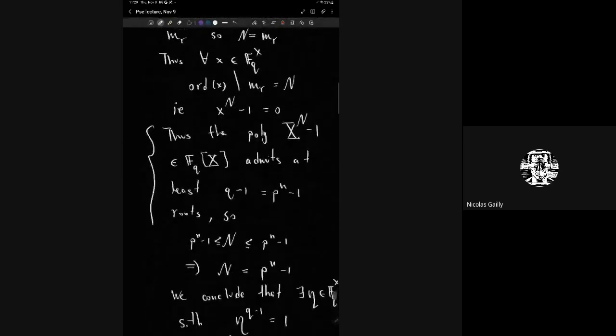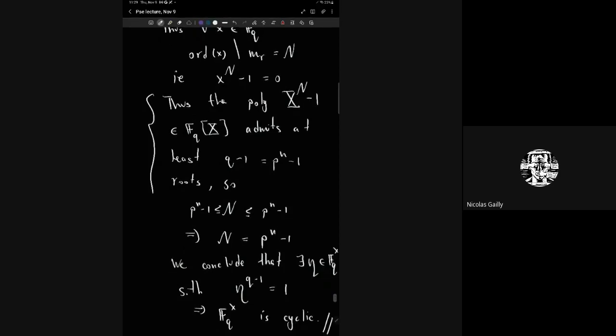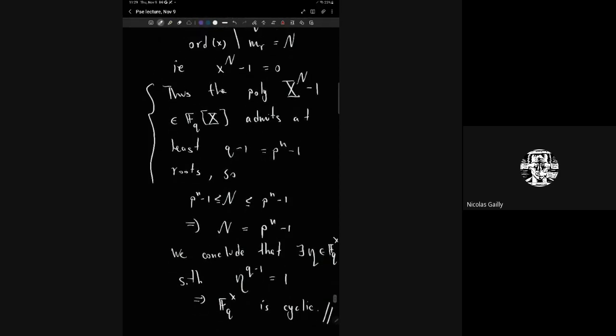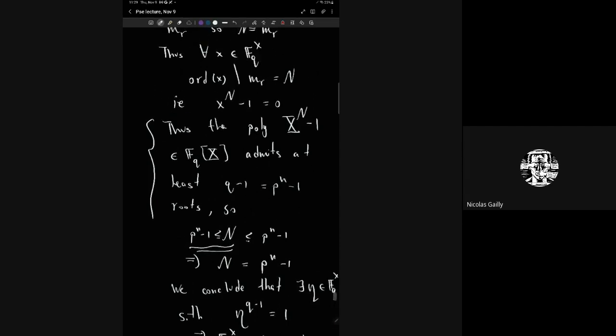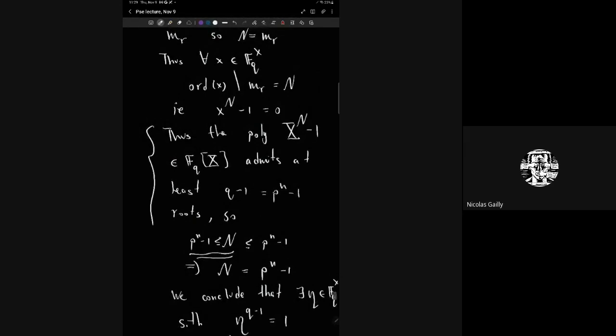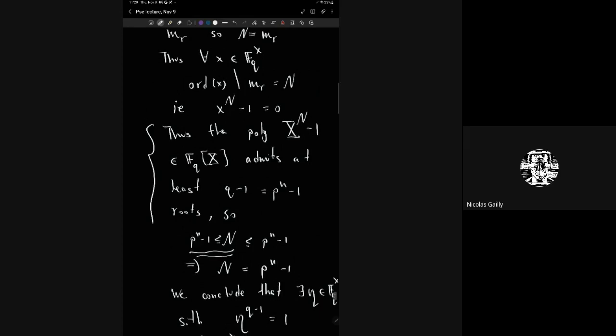When you say the polynomial x to the n minus 1 admits at least q minus 1 roots, I'm not sure how you see this, because n is just defined as a maximal order.